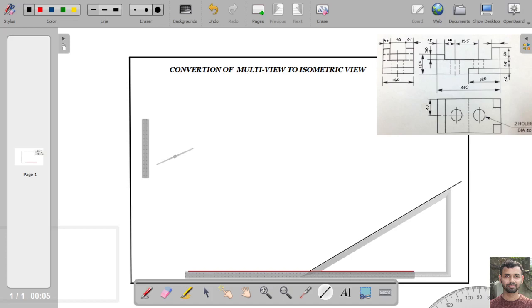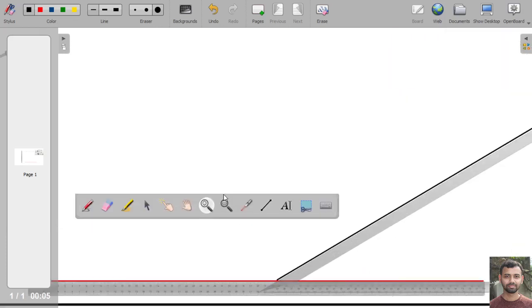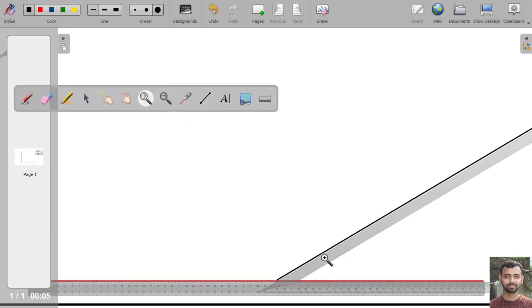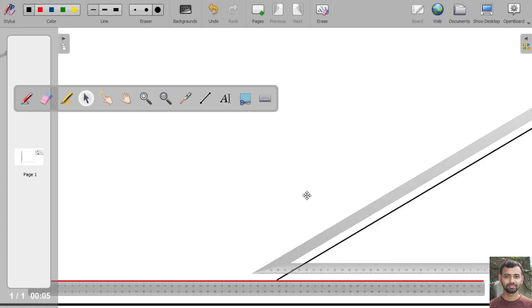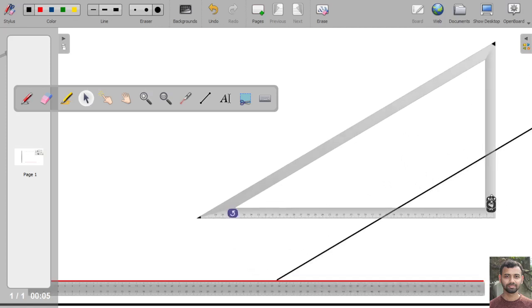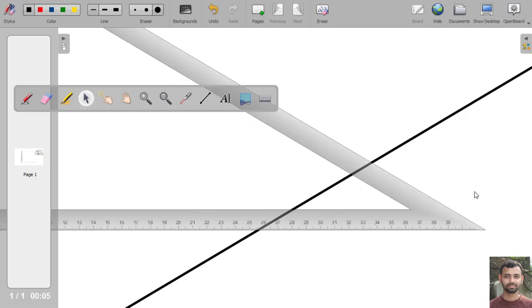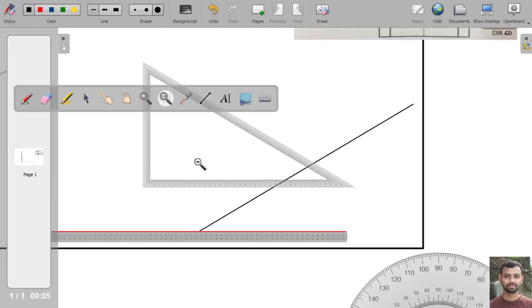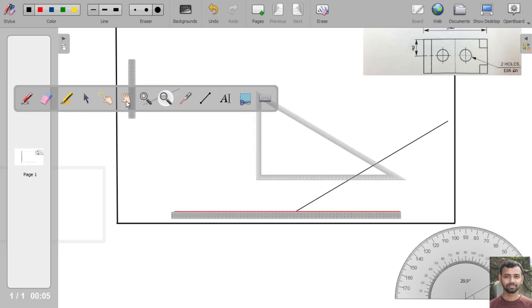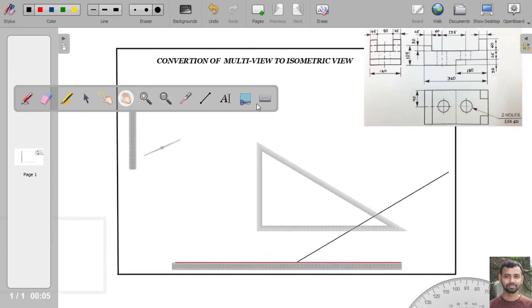Similarly, we have to draw the y-axis also, and y-axis will also be at an angle of 30° with the horizontal. So the y-axis is also inclined at an angle of 30° with the horizontal.